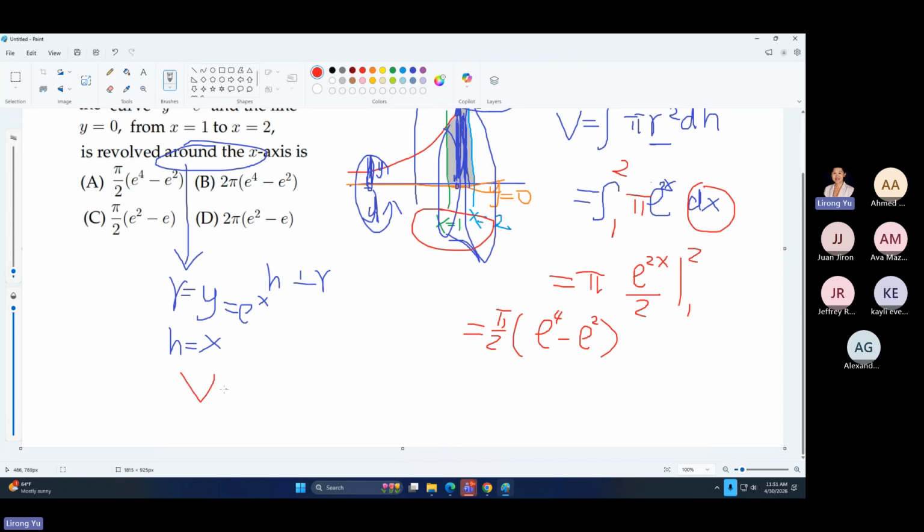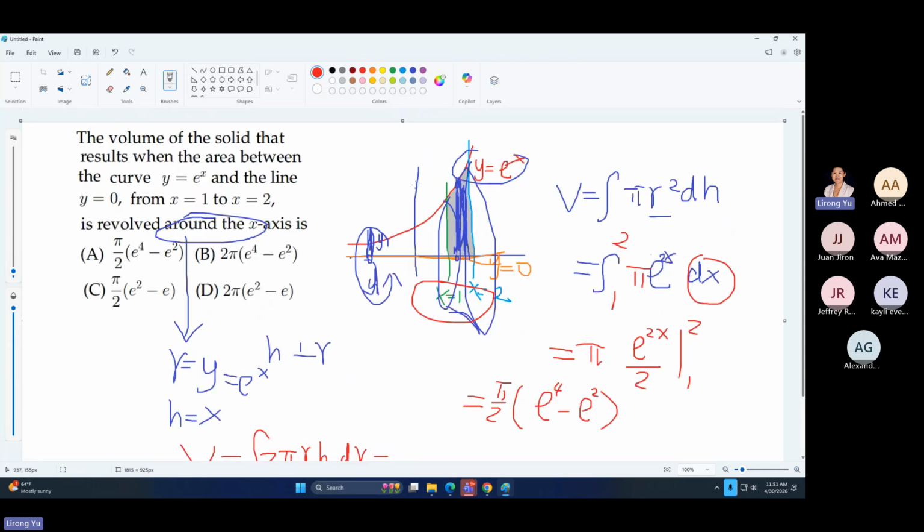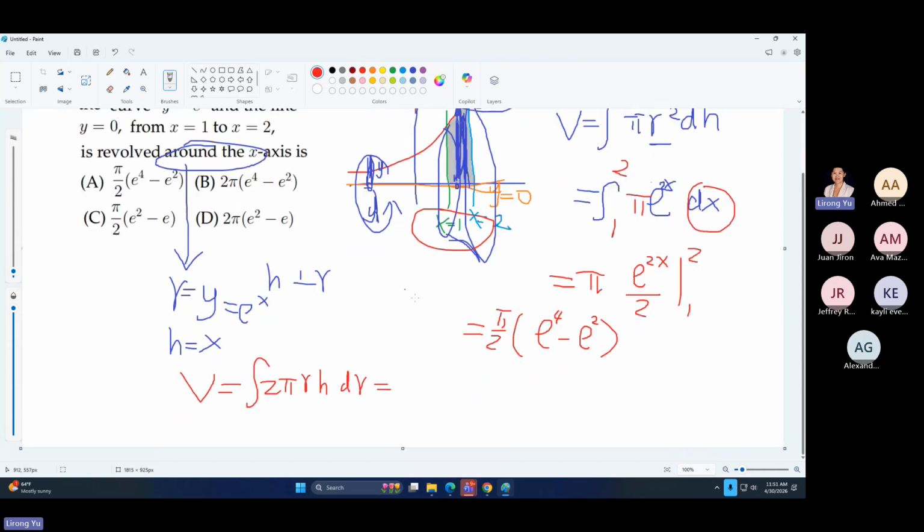You can also calculate with the integration of 2 pi r h, which is the area of the shell, and the thickness of the shell is the r. In this case, the integration variable is going to be r.